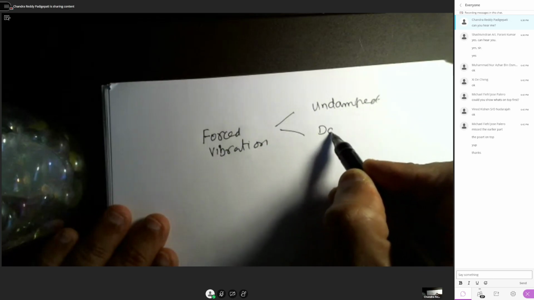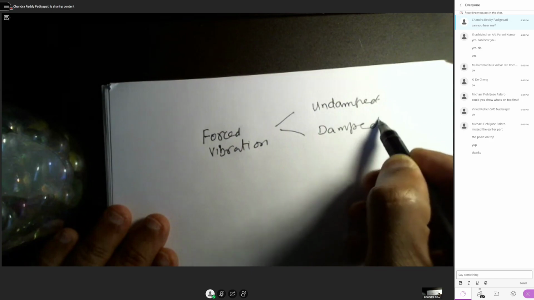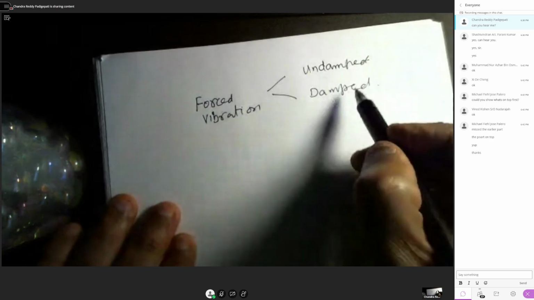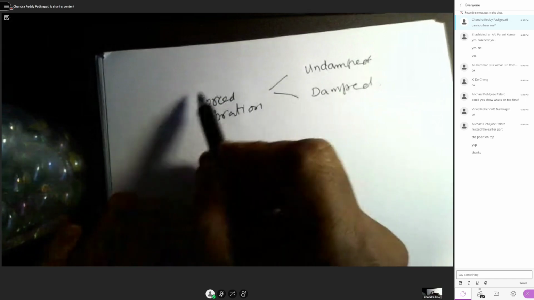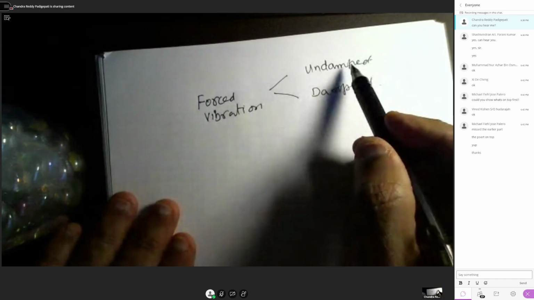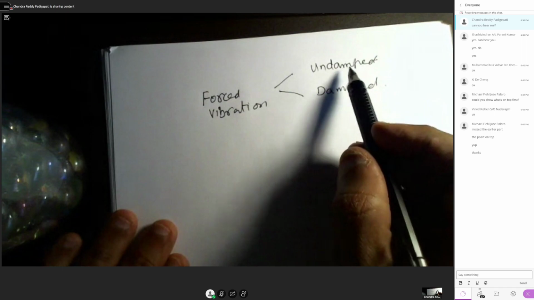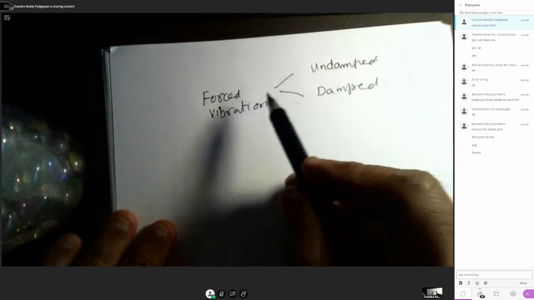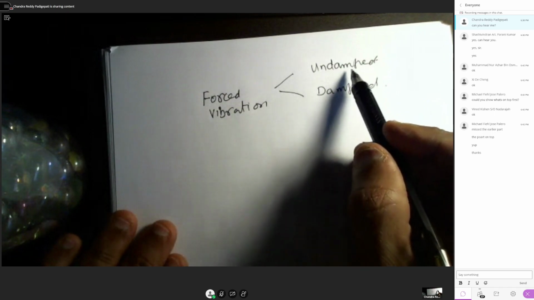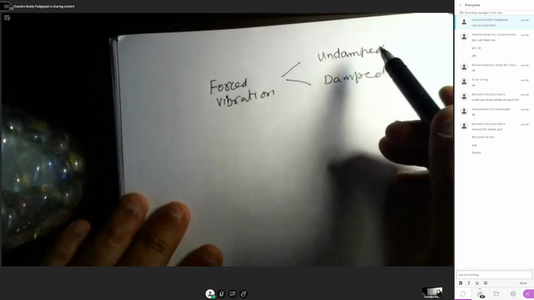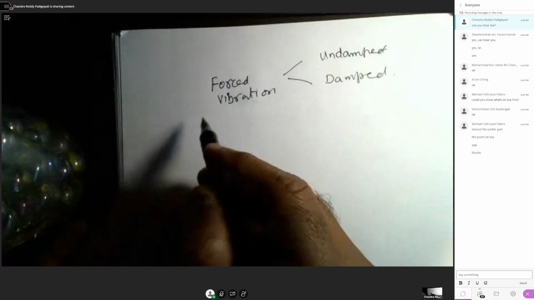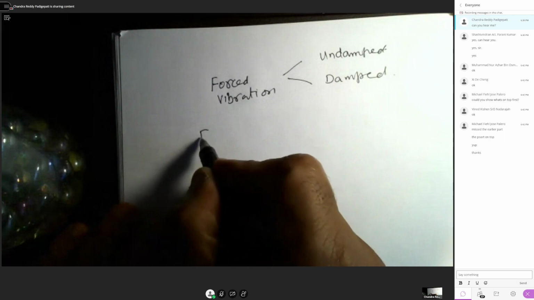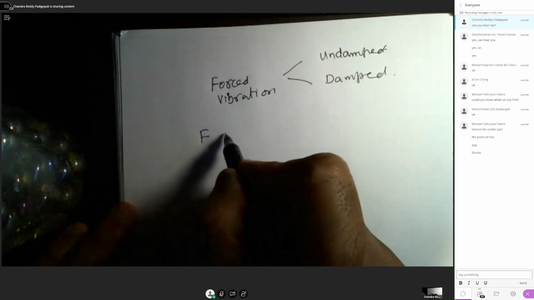Then you can also study damped, introducing a damper, but you have an external force to facilitate the vibrations, or it is part of the vibratory system.